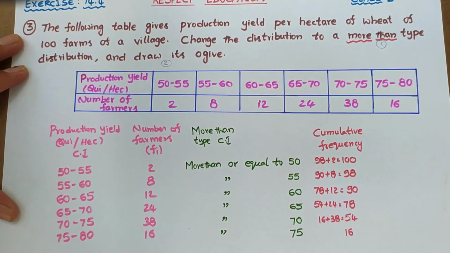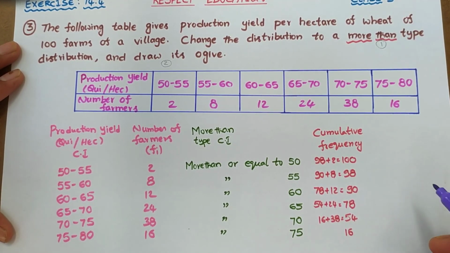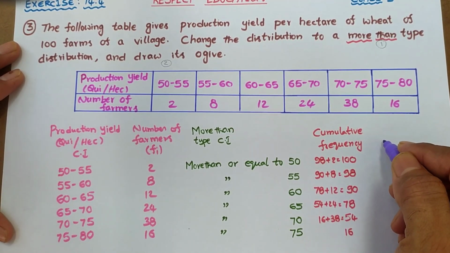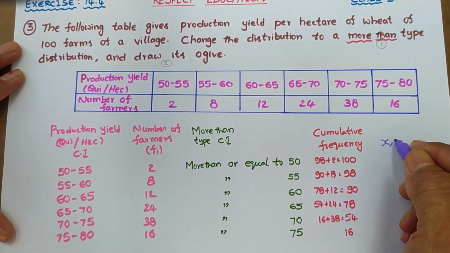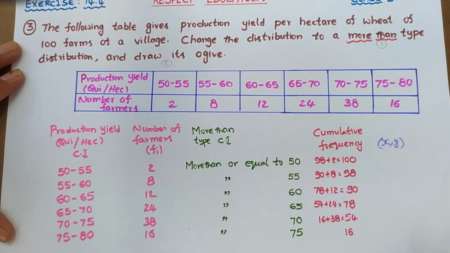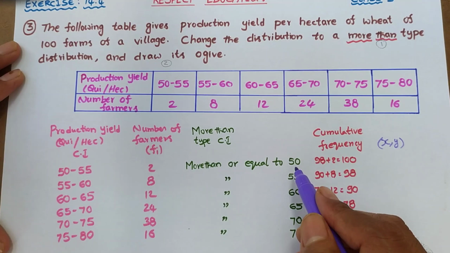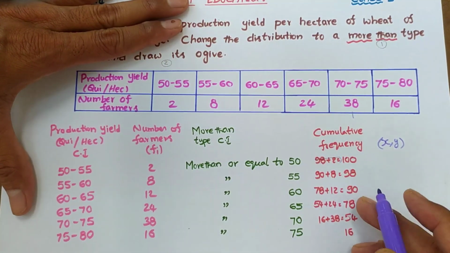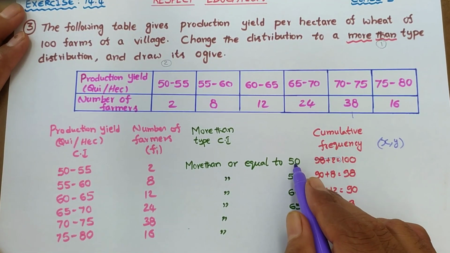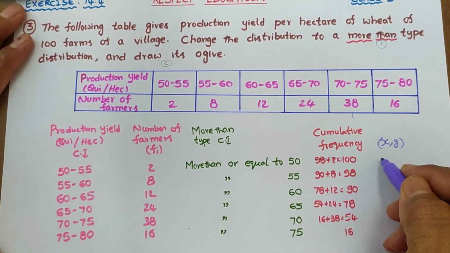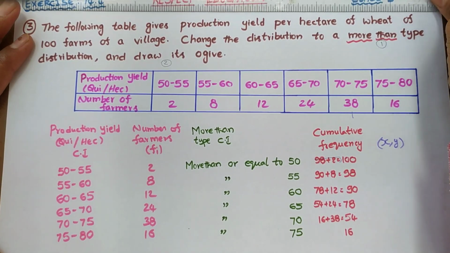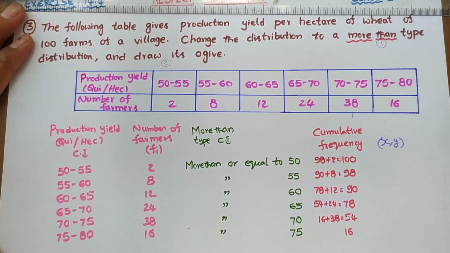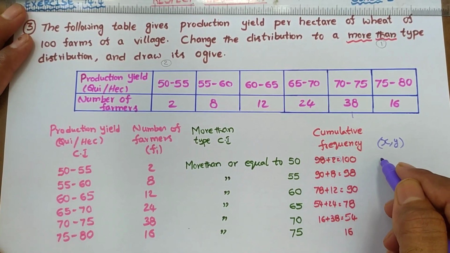We are going to write the points to be plotted. We write it as x comma y. Here you see these points can be written side by side. This is 50 comma 100.